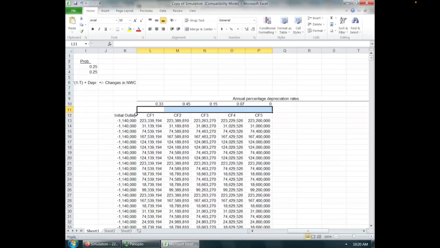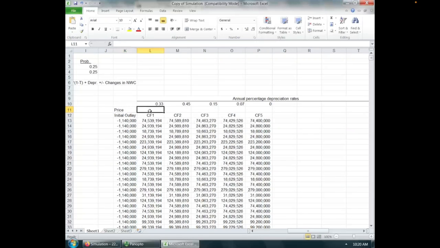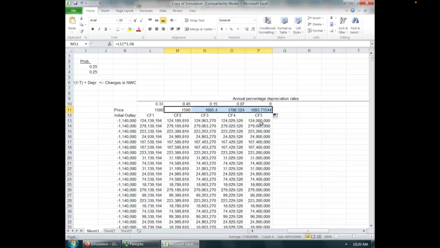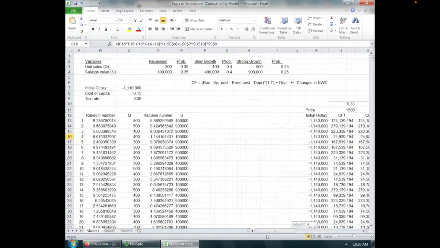Maybe I can call this price, and the price is $1,500 in the first year, and it grows by 6% in subsequent years. So multiply by 1.06, the previous value, and drag this across. So that should generate the prices for the next 5 years. So there we have the prices.